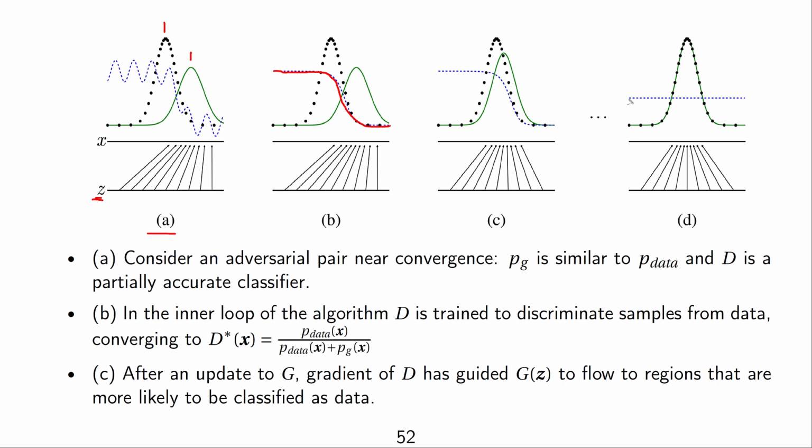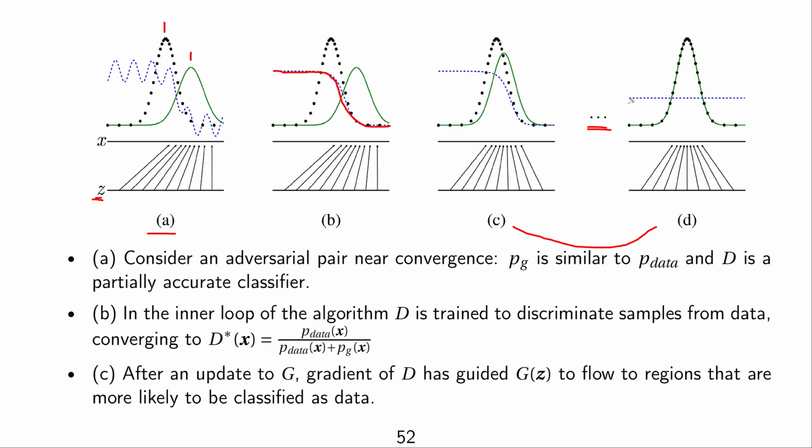So what I mean is from C to D, there are many, many steps in between, and we'll get basically the equilibrium, the best possible generator, and the best possible discriminator, looking at the best possible generator.